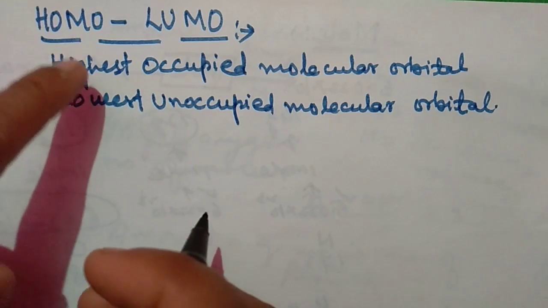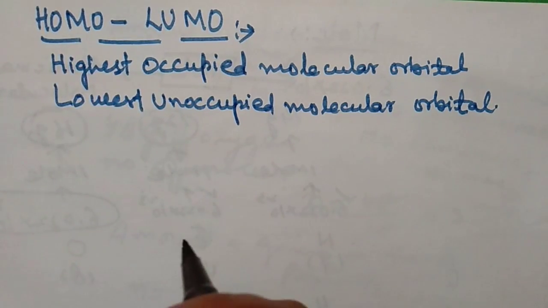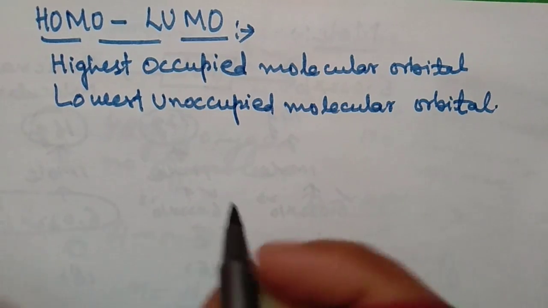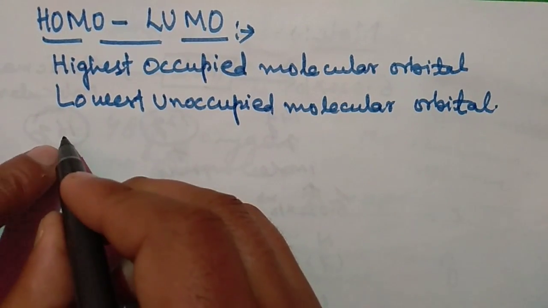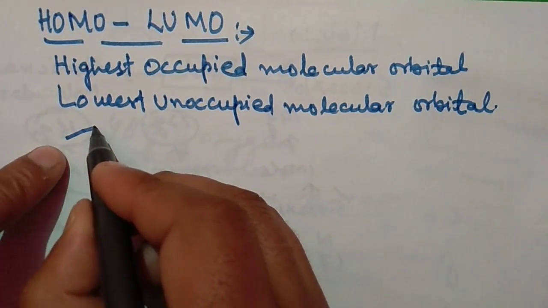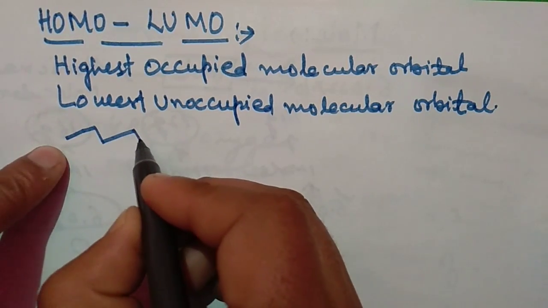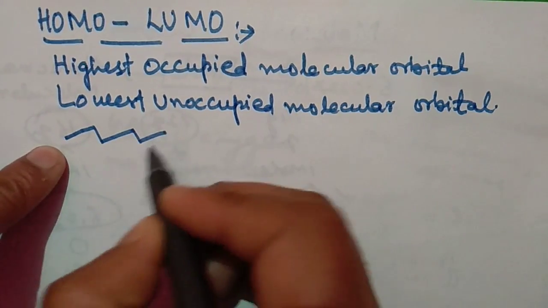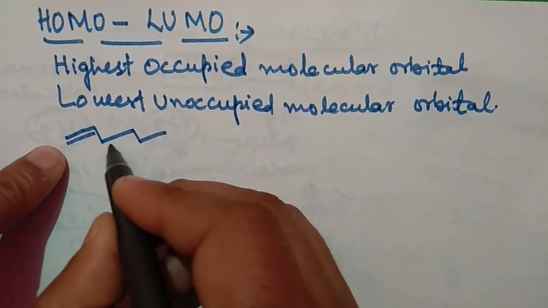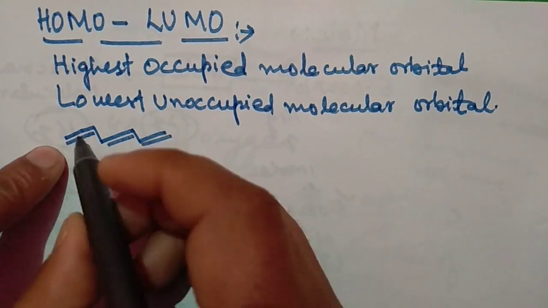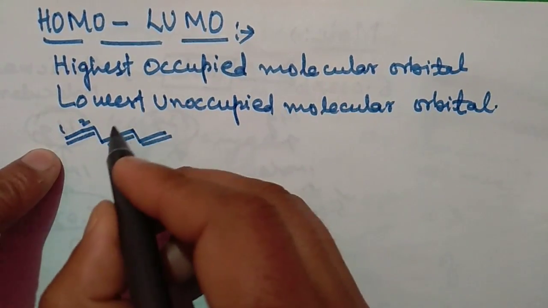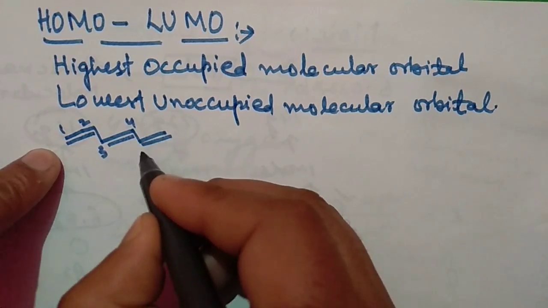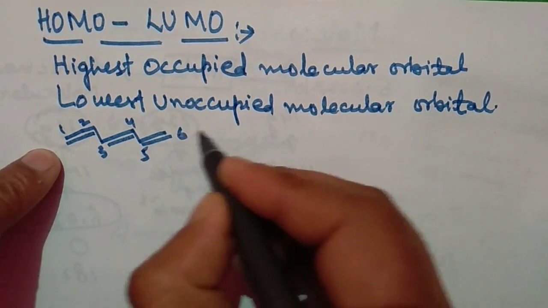To understand HOMO and LUMO, I take the example of hexa-1,3,5-triene, right? This is hexa-1,3,5-triene.